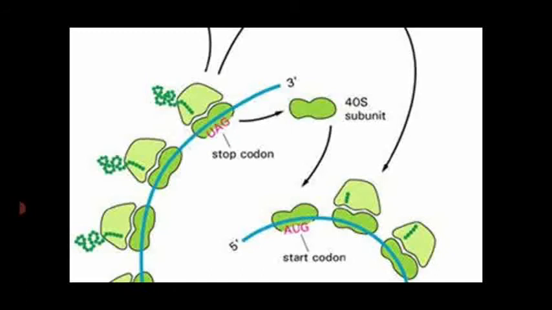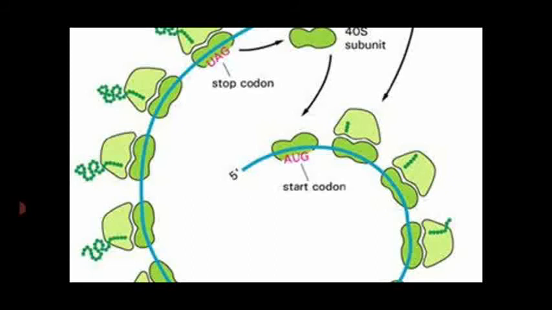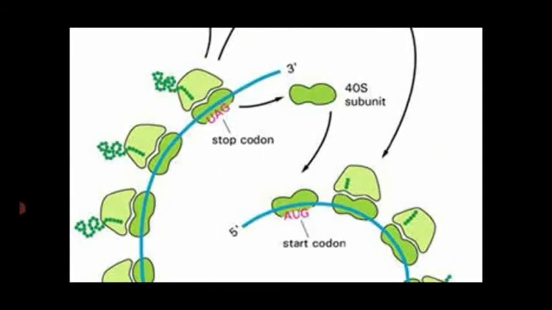Isn't it? I told you in the previous paragraph itself, we have seen the 3' to 5' direction. The anticodons are present here. Then in the 5' to 3' direction, the codons are present here. So the start codon, I told you, is AUG, which starts from the 5' end.